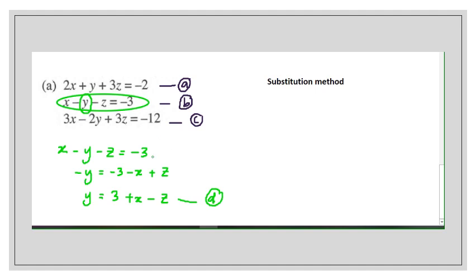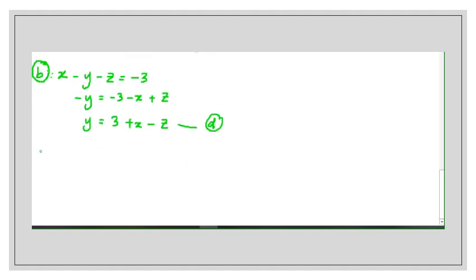The first one, we already take equation B to get our value of y. Right here is from equation B. We already use equation B. Now it's the turn of equation A and C to be substituted.